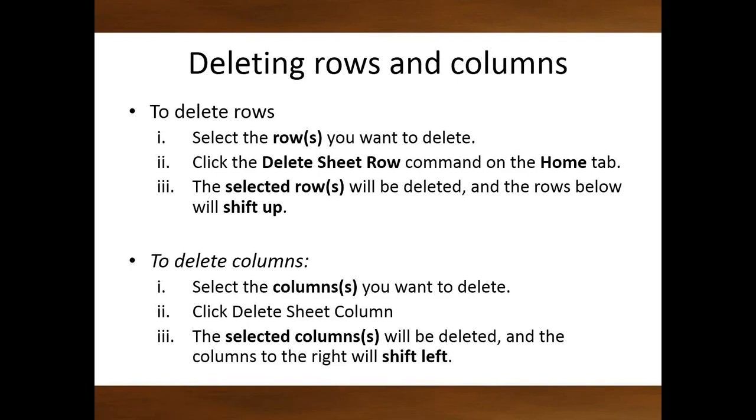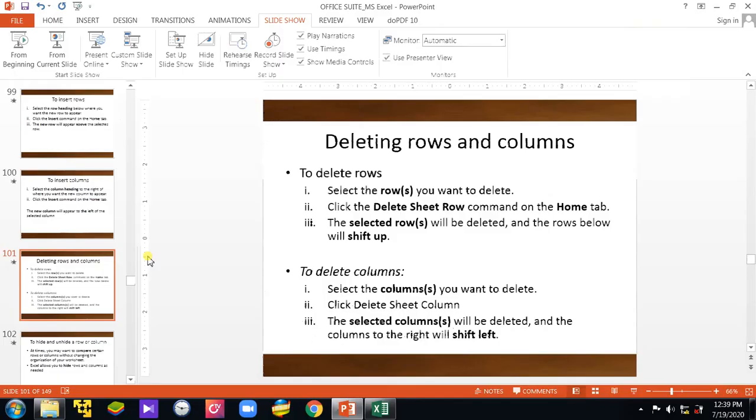Once you do that, the row will be deleted. To delete a column, 1. select the columns that you want to delete. 2. Click delete. Once you do that, the column will be deleted.